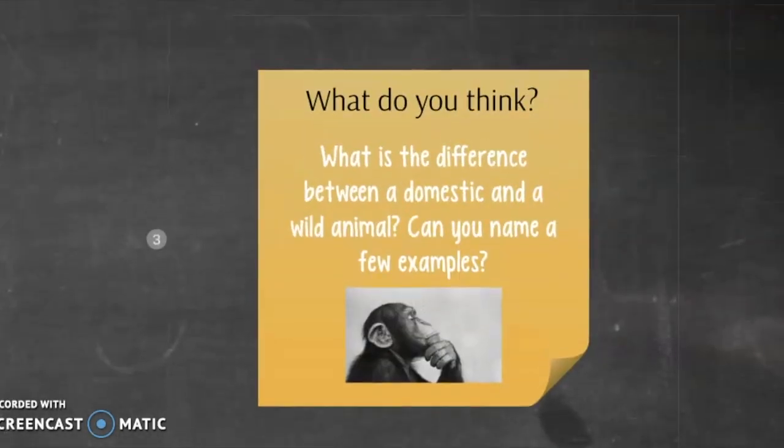First, what do you think? What is the difference between a domestic and a wild animal? And could you name a few examples? All right, let's go.